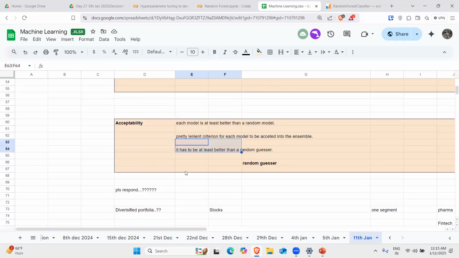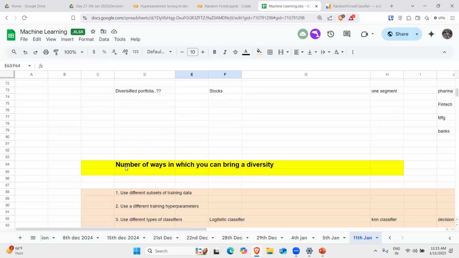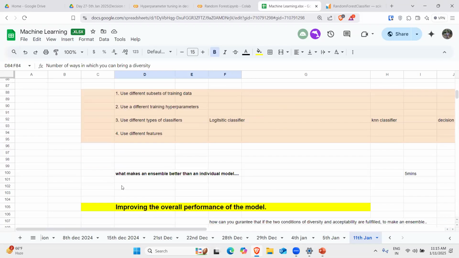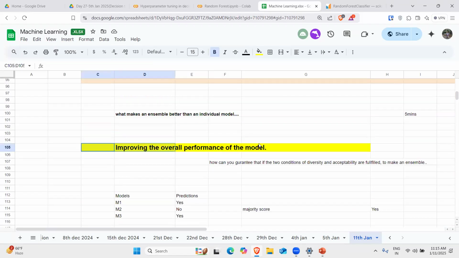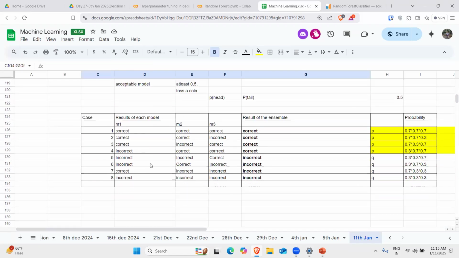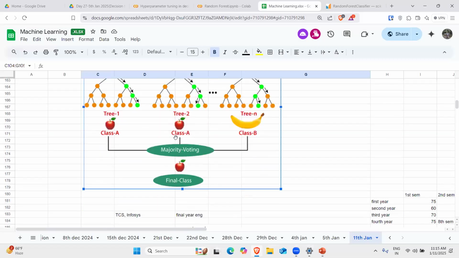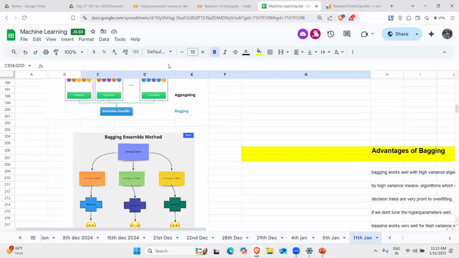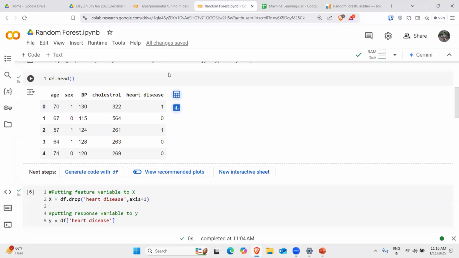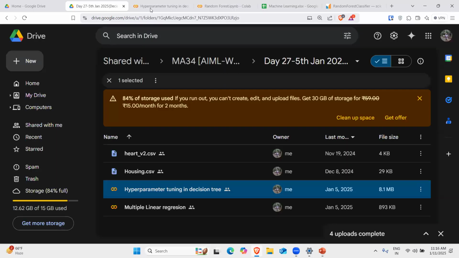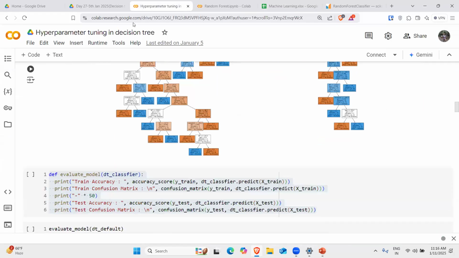We have seen an example of how to achieve diversity, and how you improve the overall performance of the model. We have discussed that. We have seen some very simple examples like this, and we have built a random forest model, right? So that's what it is.